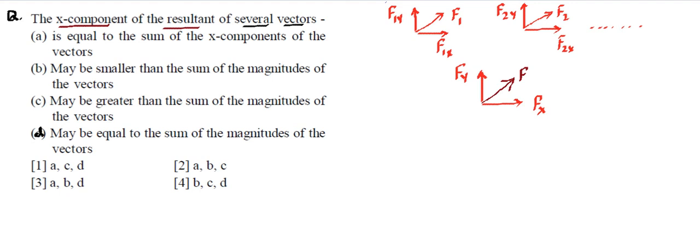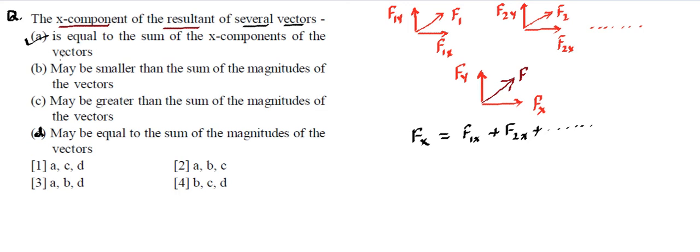So can we say here Fx is going to be F1x, that means the first, plus F2x plus F3x and so on. So this x component of the resultant is basically the sum of the x components of all the individual vectors. That's what it says. That means A is a correct choice.